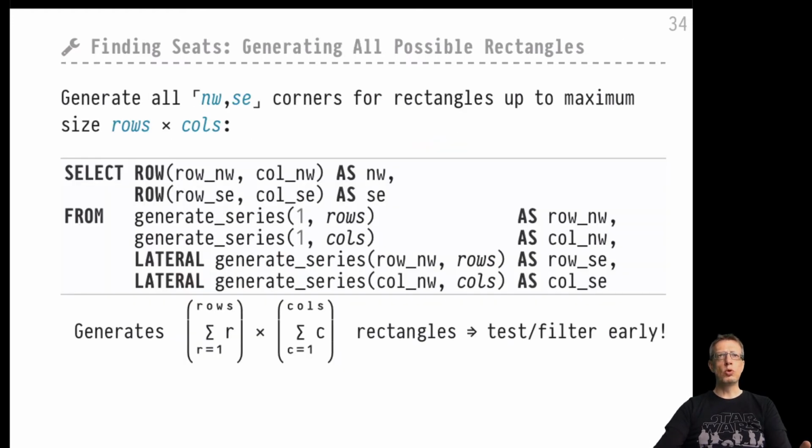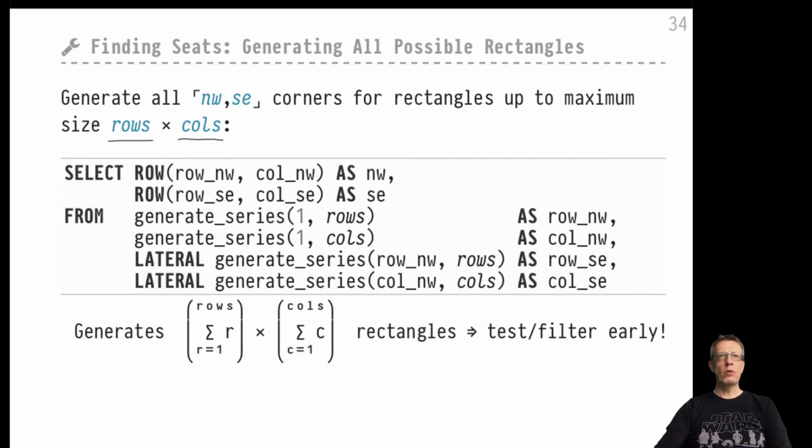It would be just this select from where block. Let's assume that the extent, the dimension of the seating plan, is available in the rows and cols names. We will of course compute these, but now assume that behind rows and cols we can find 3 and 5 for the particular seating plan example that we are looking at.